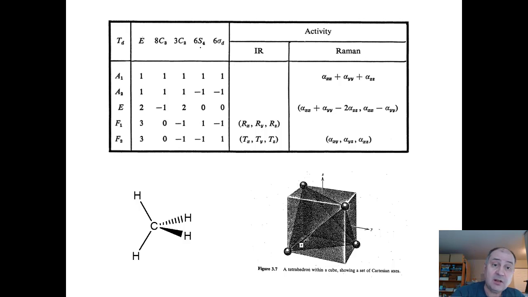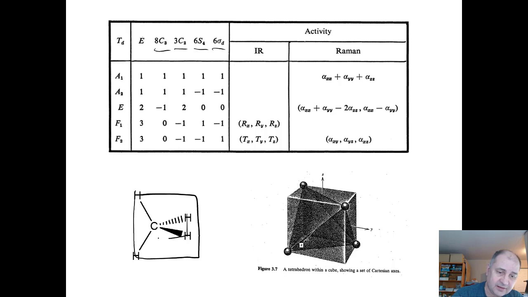And so there are 8 C3s and 3 C2s and 6 S4s and 6 sigma Ds, and so that's just a lot, and these are difficult to find, and I got really hung up on the mirror planes, and I think I spent a solid 6 hours building molecules and looking at shapes and trying to find all 6 mirror planes. You can find one that's in the plane of the board, and then there's one that goes this way too. It's not that hard to find, but that's just 2 of them. Where are the other ones?